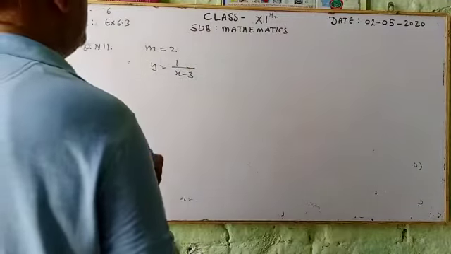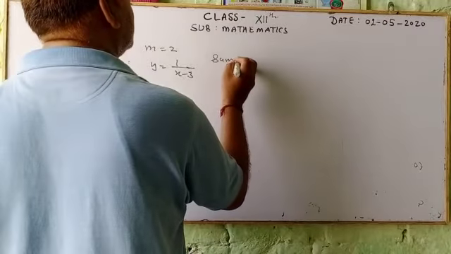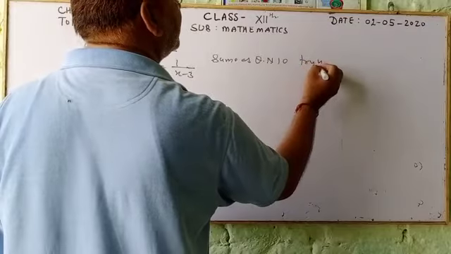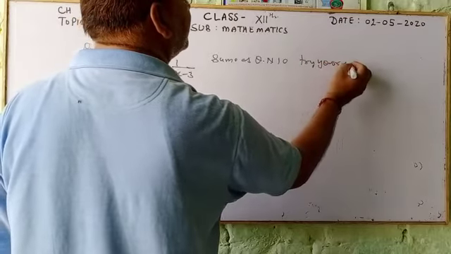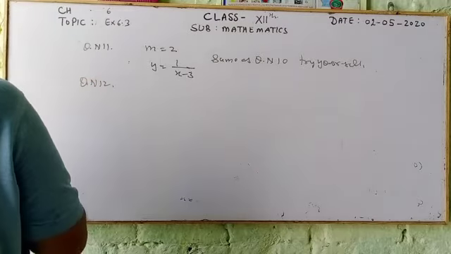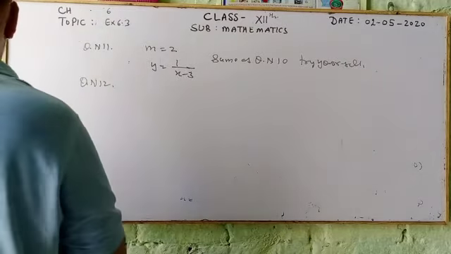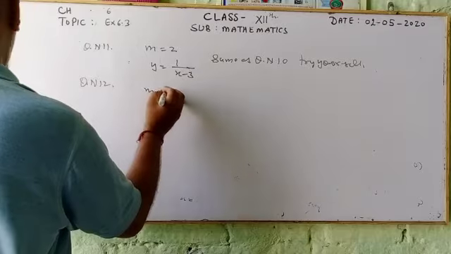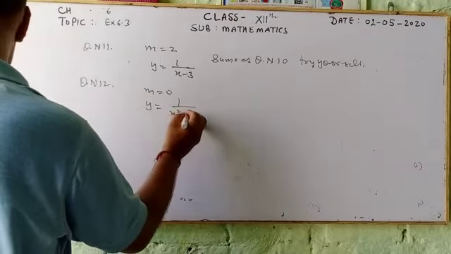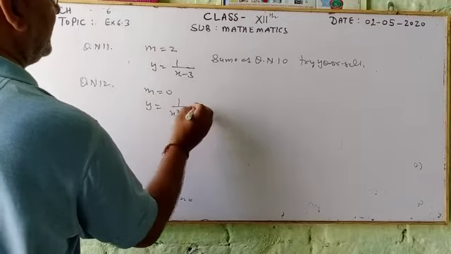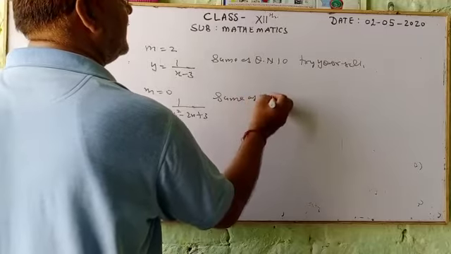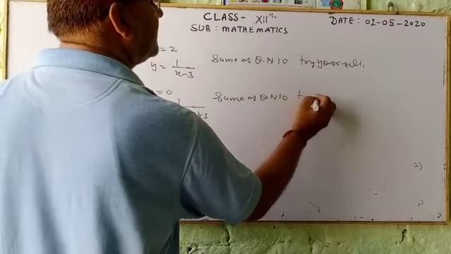This question is the same as question number 10, so try yourself. We are taking question number 12. Find the equation of all lines with slope equal to 0 and tangent to the curve y equal to 1 upon x square minus 2x plus 3. This question is the same as question number 10. Try yourself.